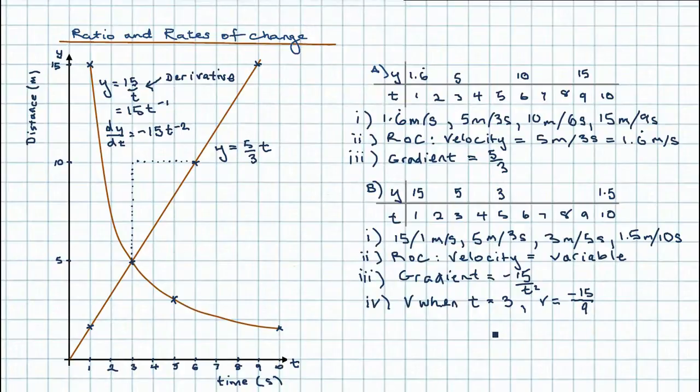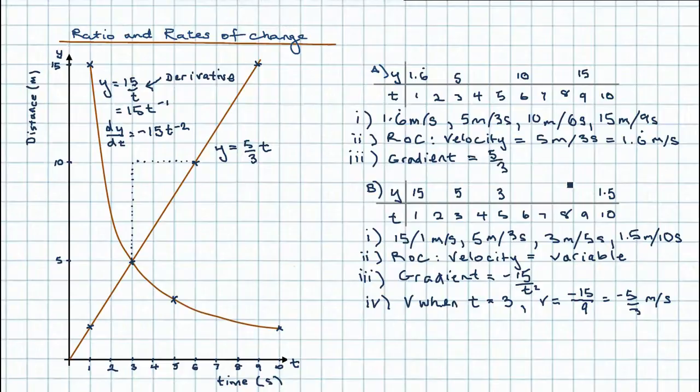So our velocity at t equals 3, after 3 seconds, if I simplify this, is minus 5 over 3 meters per second. And so it is in fact exactly the negative of the velocity that we had for problem A. So minus 5/3, problem A, 5/3.